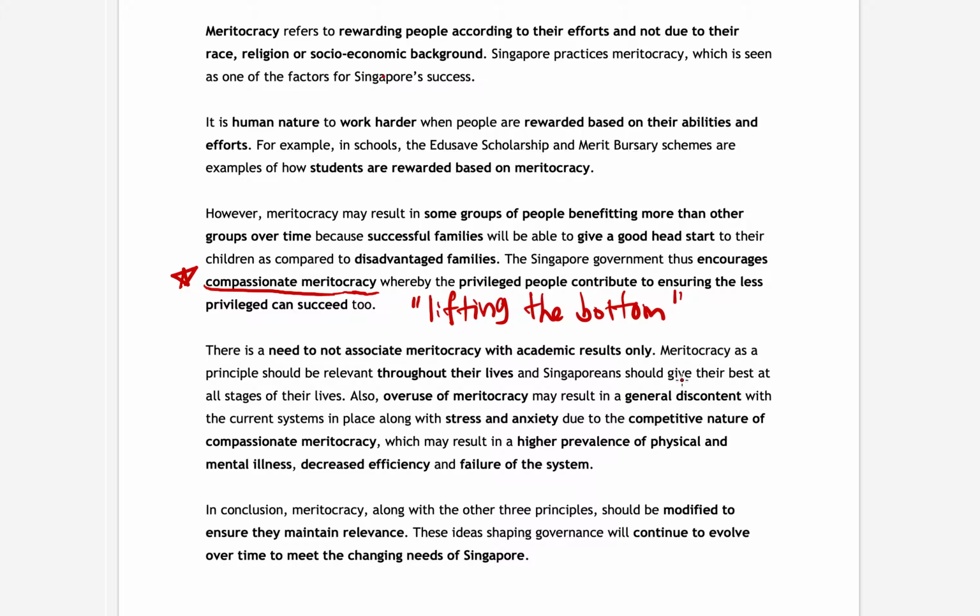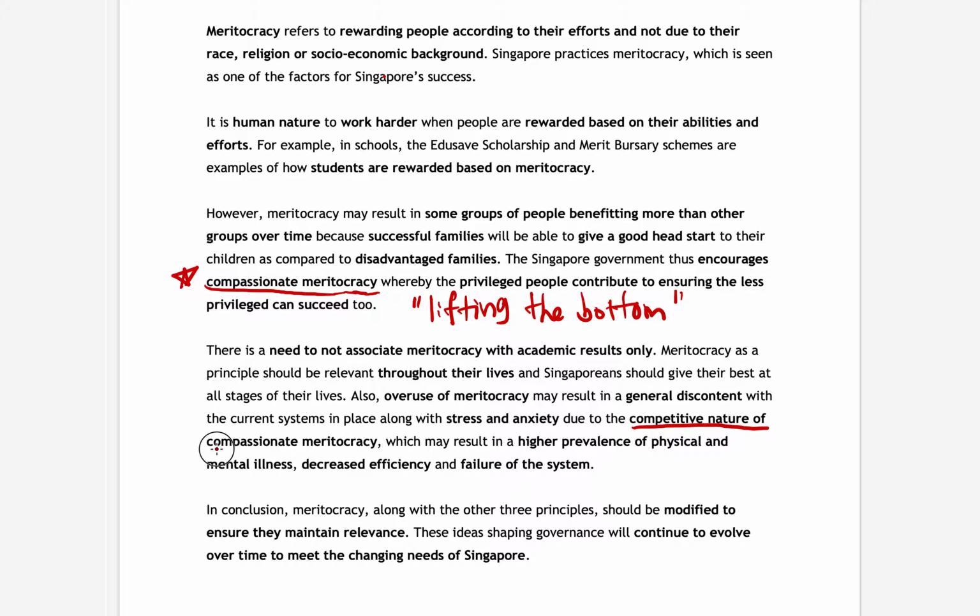So there may be general discontent caused by the competitive nature of this compassionate meritocracy system. As a result, it does cause a severe social impact, especially on the young people of today, because in today's world, as compared to 20-30 years ago, it has become even more competitive in the world economy.